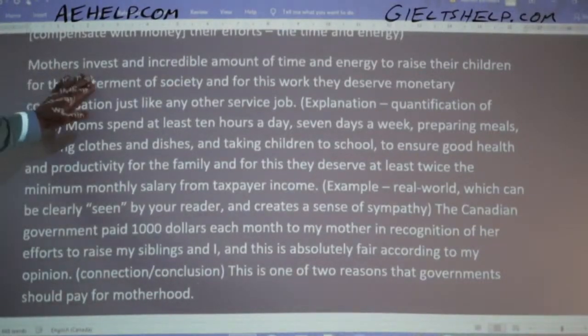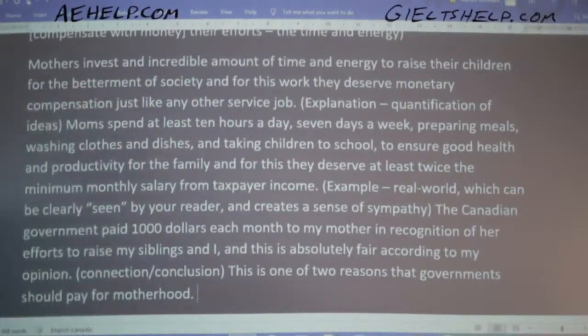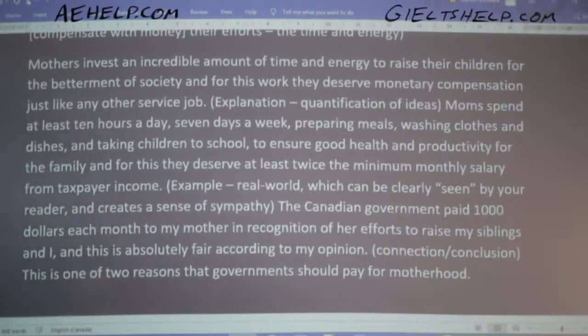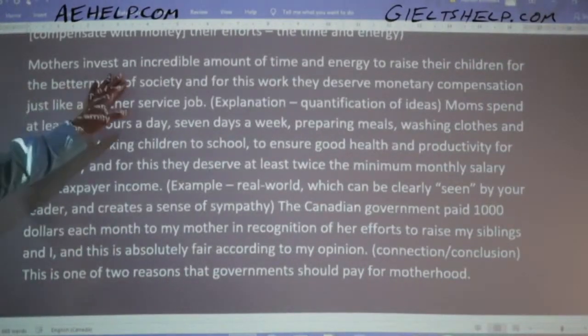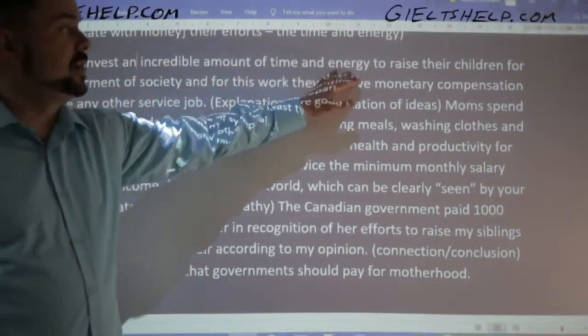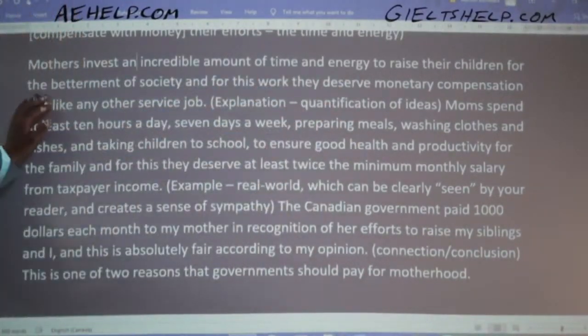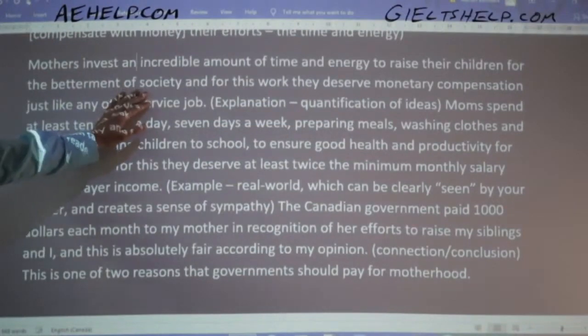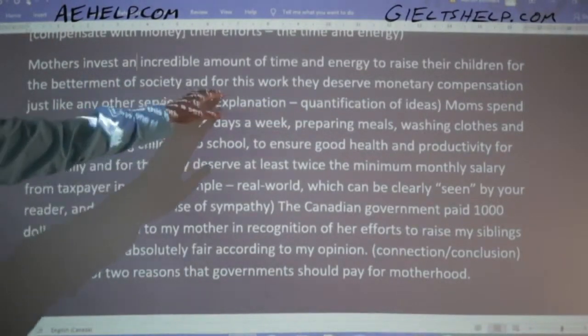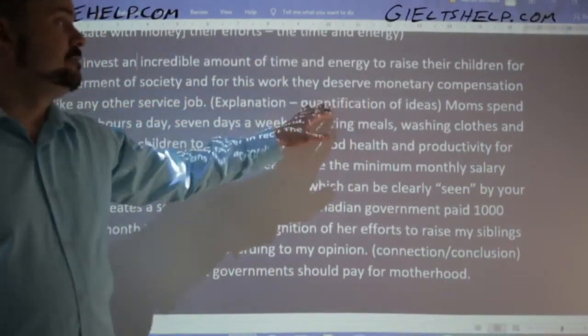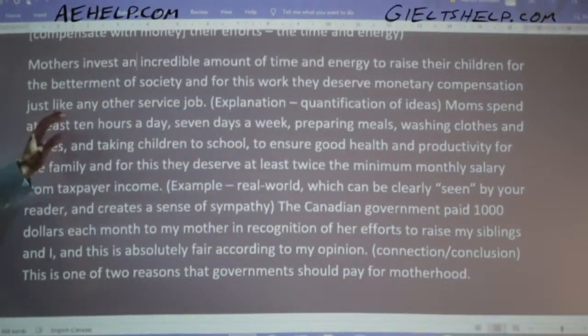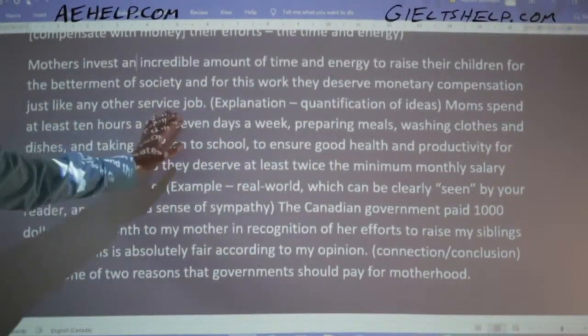So now I'm making these important corrections to spelling, grammar, typos. Okay. So mothers invest an incredible amount of time and energy to raise their children for the betterment of society. And for this work, they deserve monetary compensation just like any other service job.